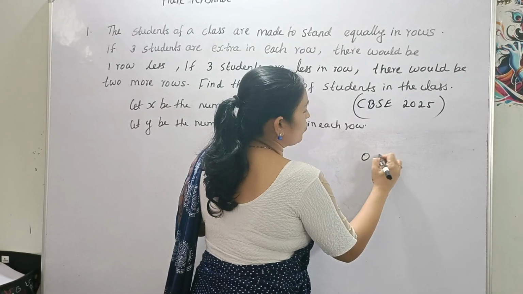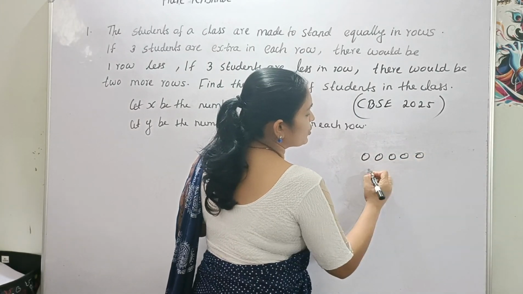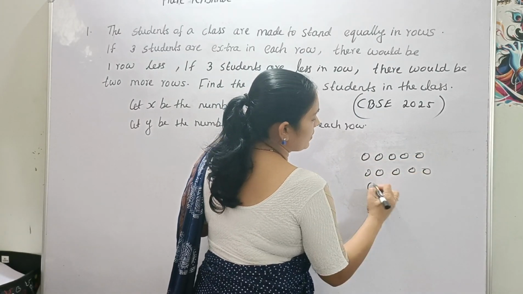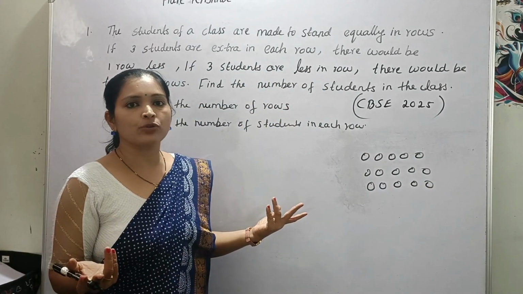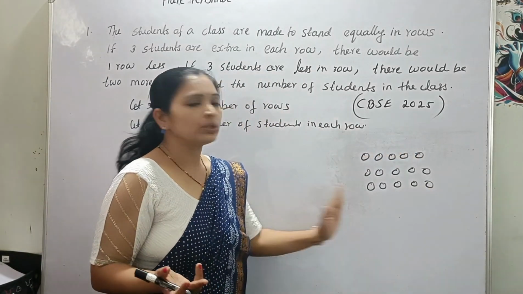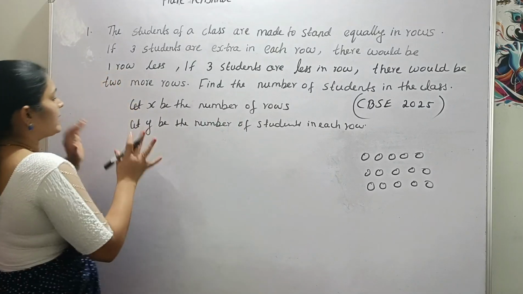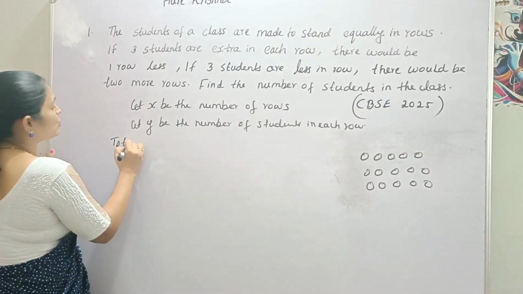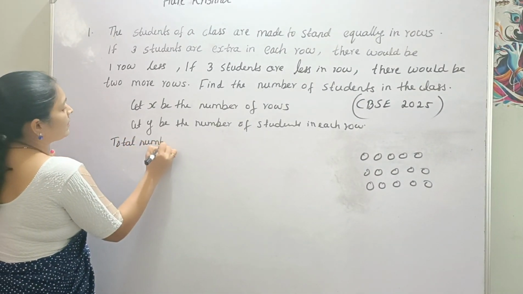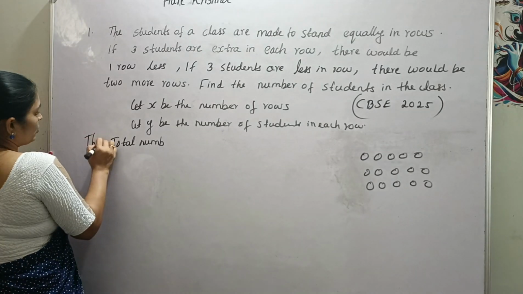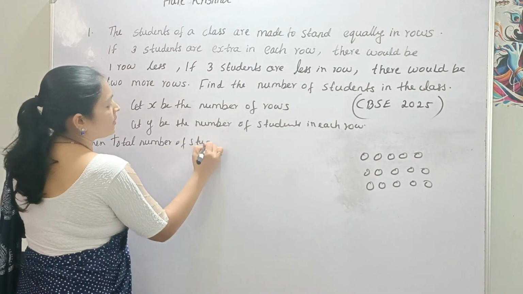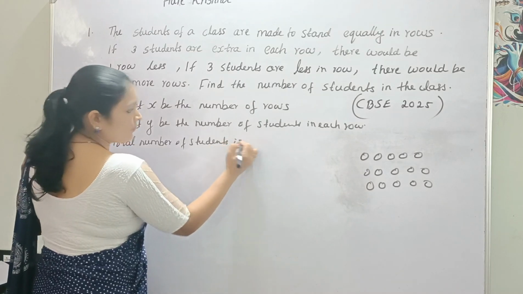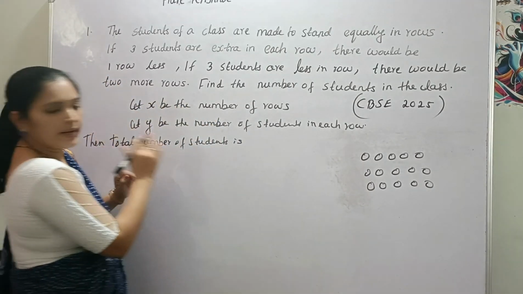Then what is the total number of students? Suppose there are 5 students in each row, and there are 3 rows. So the total number of students is 5 into 3, that is, the total number of students is x into y, right?